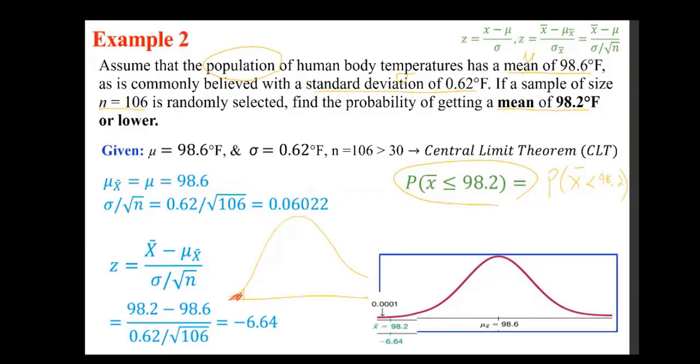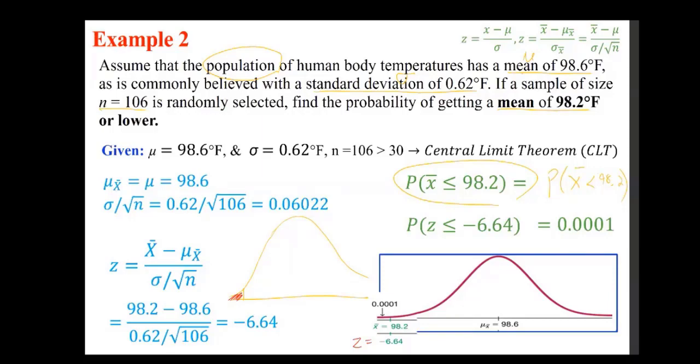So take a look at the bottom of that shape. I'm showing you x bar of 98.2 corresponds to a z of negative 6.64. Looking up the table results in almost nothing, 0.0001. Whether you use a table or technology, that is absolutely fine.